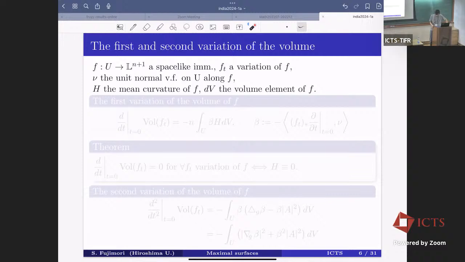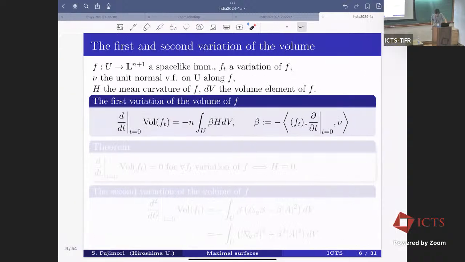Let f be a space-like immersion, and f_t a boundary-fixed variation. We denote by ν the unit normal vector field along the original f, not the variation, by h the mean curvature of f, and by dv the volume element.